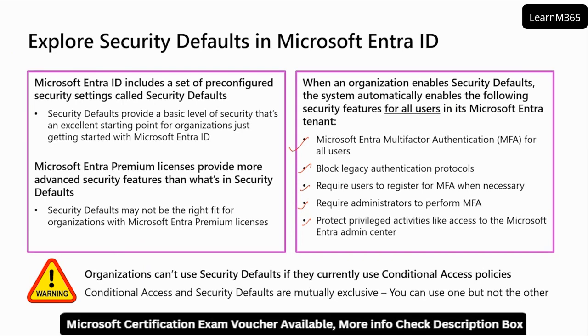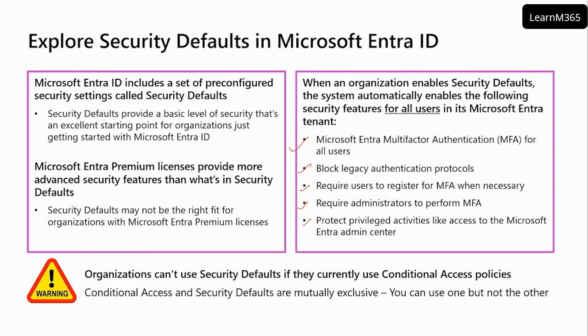Let's say my security default says Microsoft Entra multi-factor authentication for all users. So all users should be authenticating themselves using multi-factor authentication. And if I'm using a customized conditional access policy, and in that I say no need of multi-factor authentication, it will be a conflict between these two policies. So that's why we do not use these together. You cannot use this.